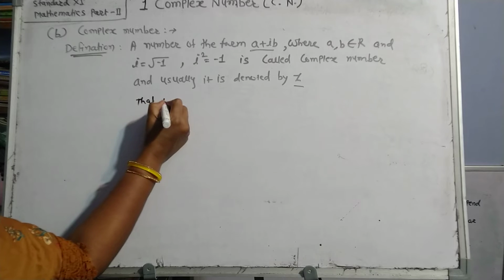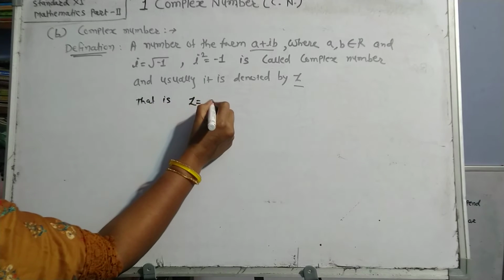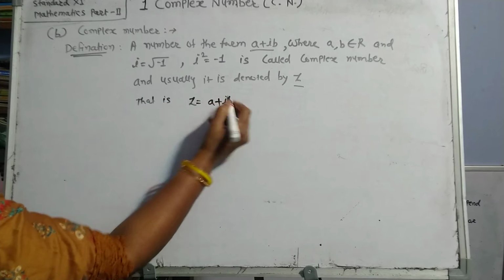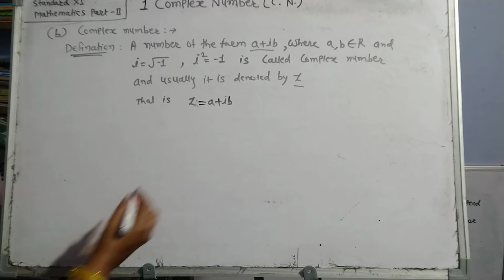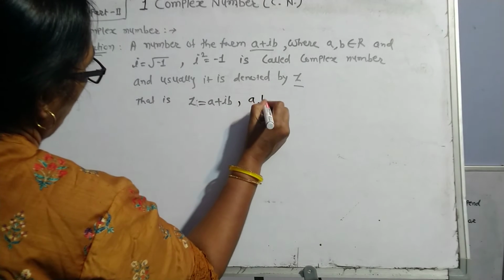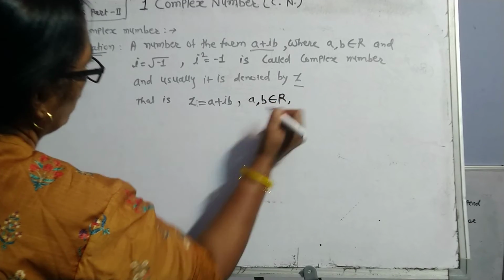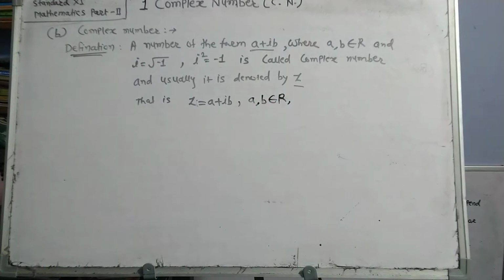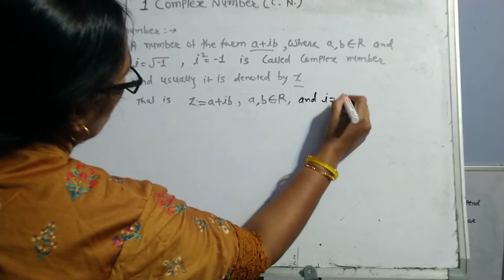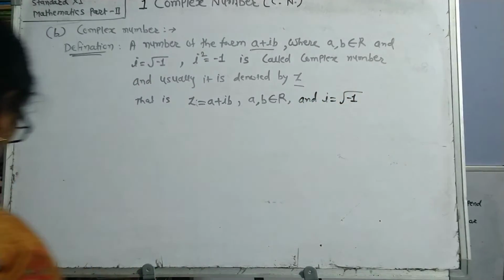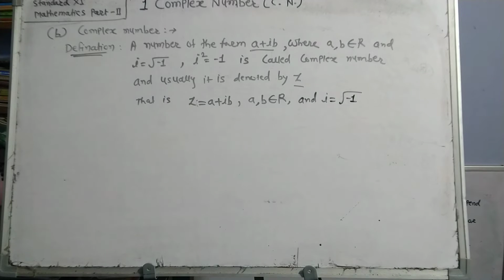That is, z equal to a plus ib, and a and b belong to the set of real numbers, and i equal to square root of -1. Here a is called the real part of z.